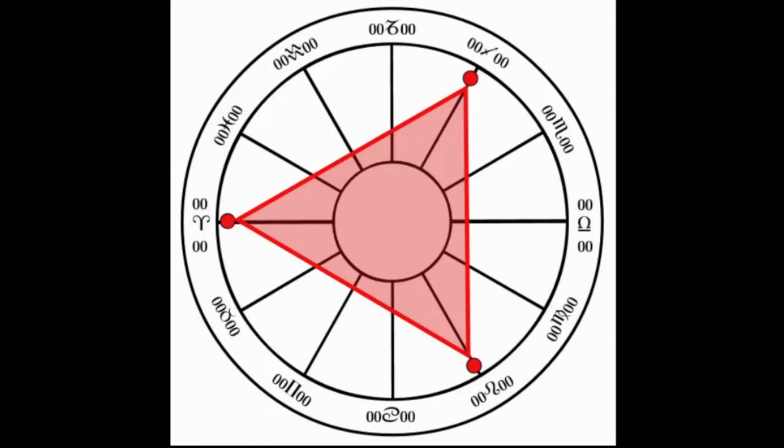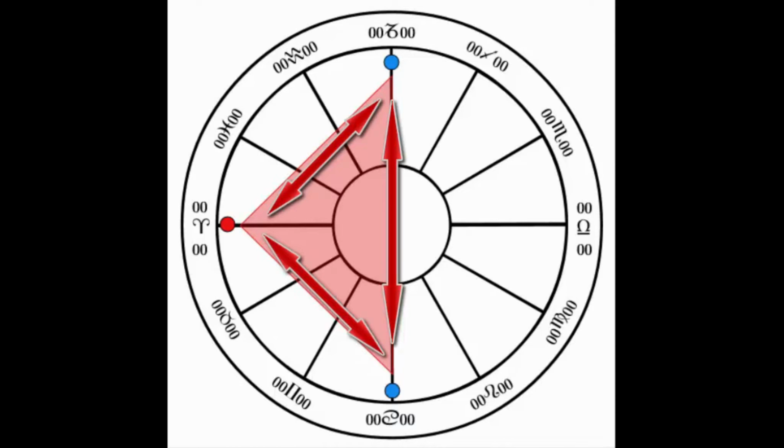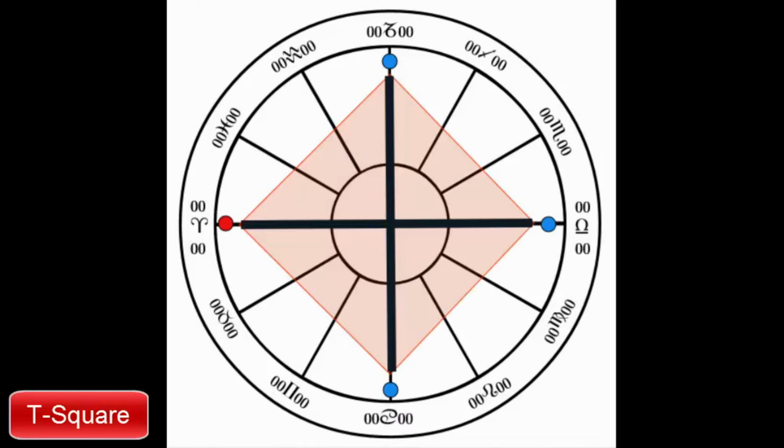And then we have 3 planets, 2 of them forming an opposition, and each squaring the middle planet. That's called a T-square. And we also have 4 planets in a square, or a cross, each forming a square to another, and also forming 2 oppositions. And this is called the grand cross.